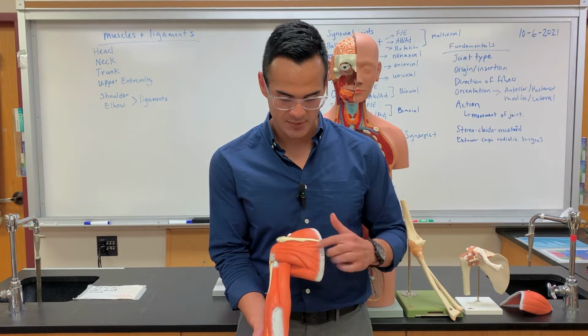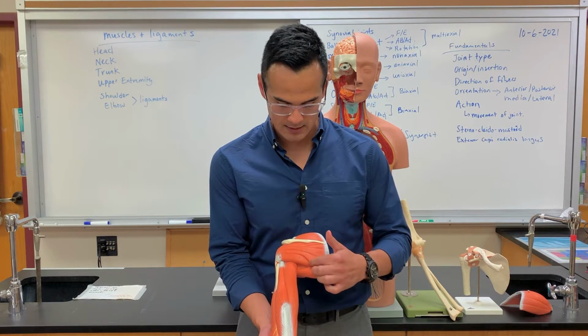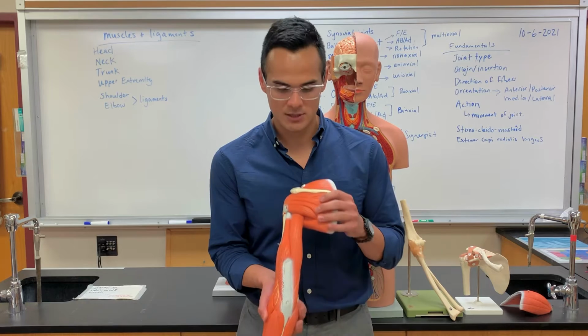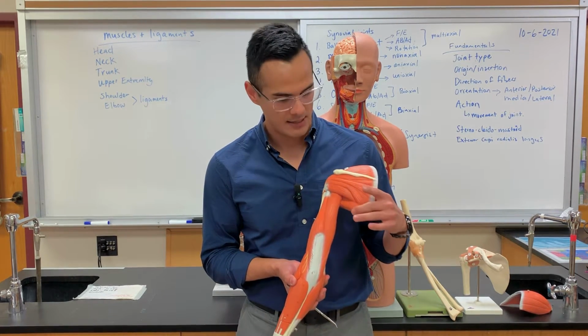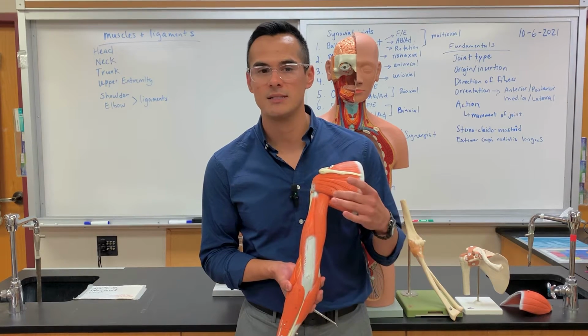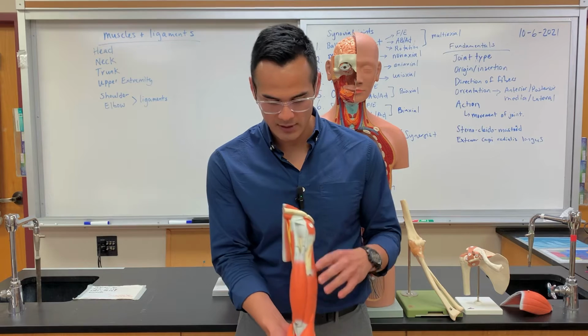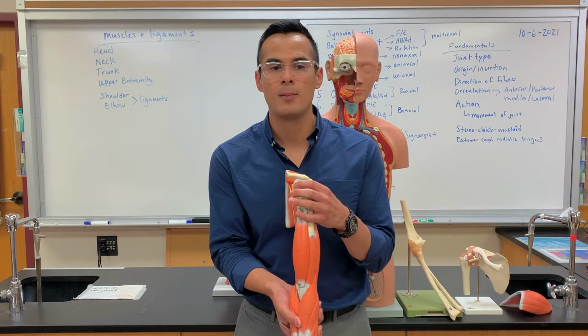So you have the supraspinatus, this is the infraspinatus, and then this smaller muscle that goes this way is the teres minor. So you have the teres minor and the teres major, because this one is smaller compared to this one. The bony landmark that's right here is what's known as the coracoid process.